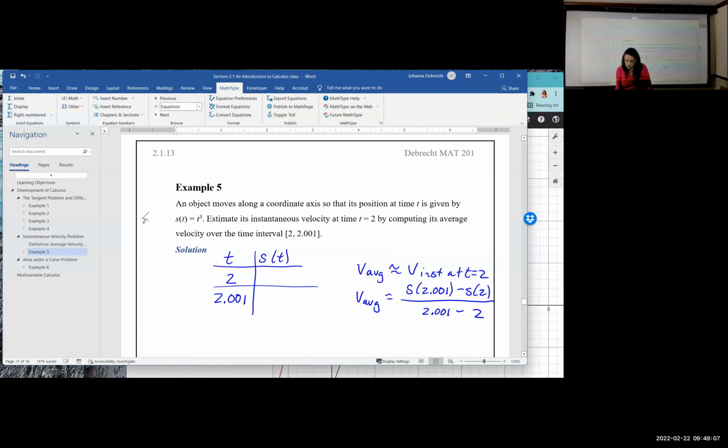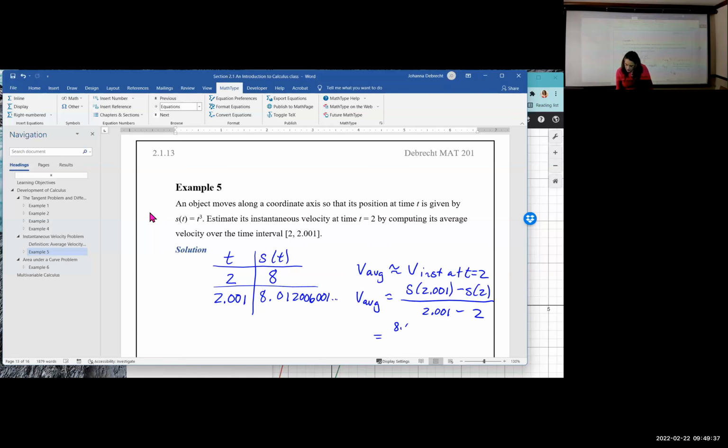When I cube 2, I get 8. So I know that one's 8. What happens when I cube 2.001? I don't know. Okay, I wasn't expecting that. 8.012006001, and I don't know if it keeps going or not.